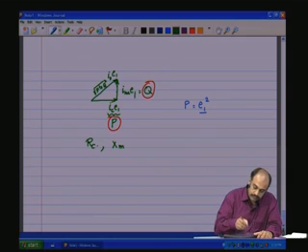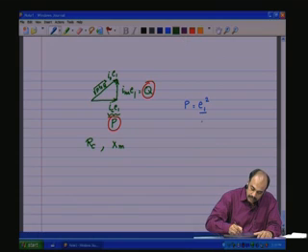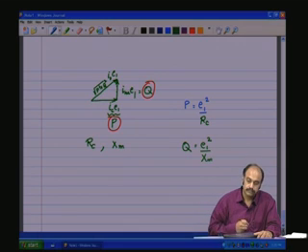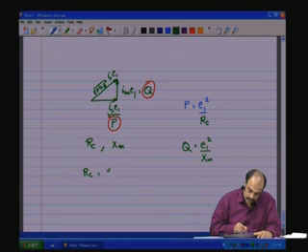This is Rc, is nothing but E1 square by Rc, and Q, reactive power, is nothing but E1 square across the same inductance divided by Xm. So, therefore, you have Rc which is equal to E1 square by P, and you have Xm which is equal to E1 square by Q.